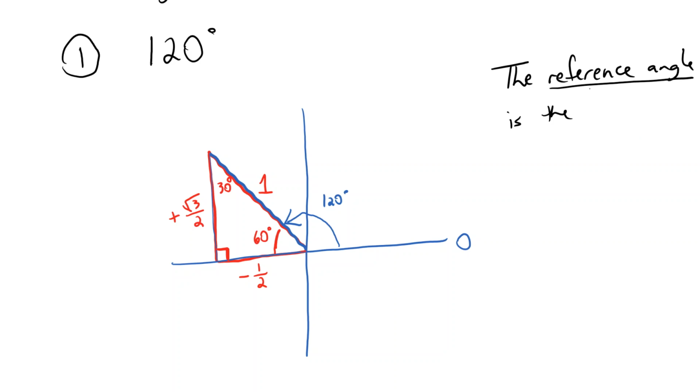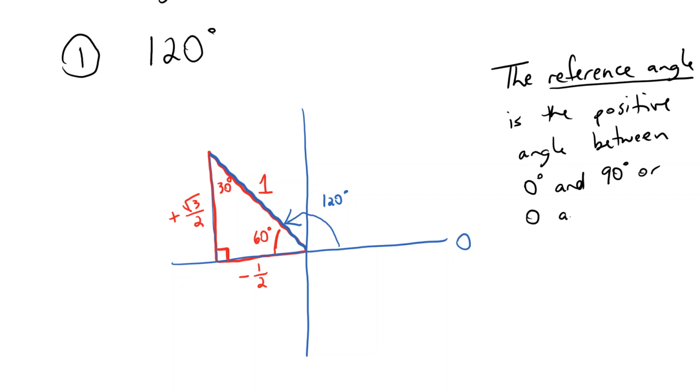let's be very specific, has to be a positive angle, should say non-negative would be a better answer here, but it's between 0 degrees and 90 degrees if you're working in degrees, or 0 and pi over 2 if you're working in radians. So it's the positive angle between 0 and 90 degrees.